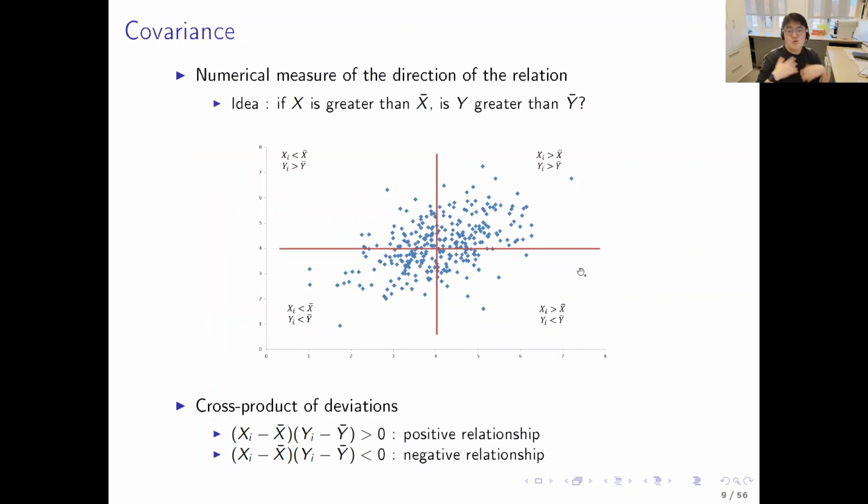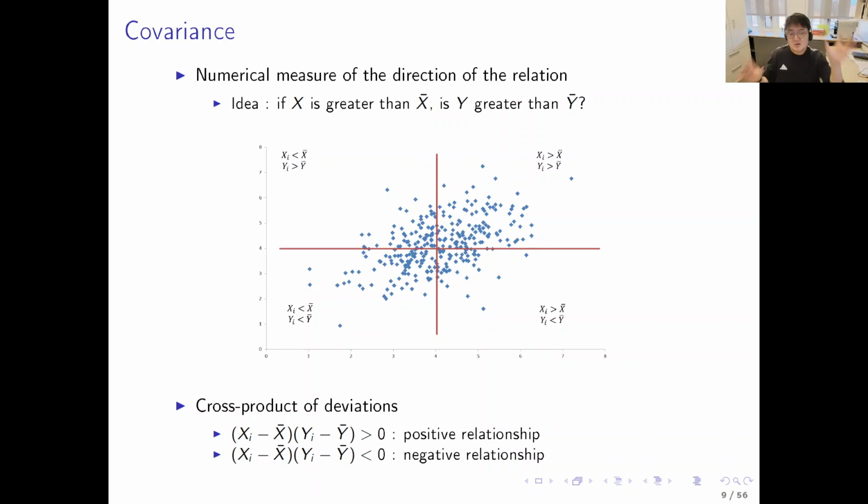So then, how do we quantify that? Our idea is, first, we will measure the direction of the relationship. When I say positive direction, that means when the x variable increases, y tends to increase. Or vice versa, when the x variable decreases, the y variable decreases. In other words, they move together.